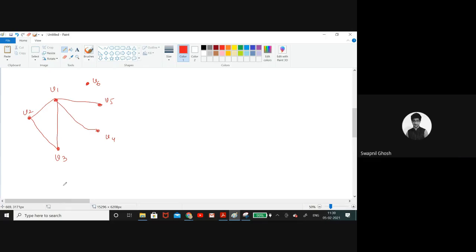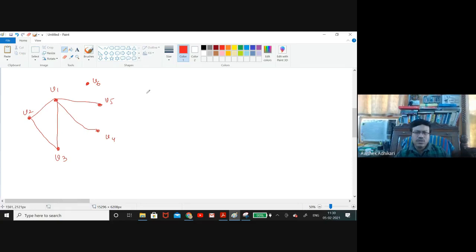Sir, the definition can be given like this: for any two vertices Vi and Vj, if there exists a path from Vi to Vj, then the graph is connected. Very good. So as he mentioned, say the original graph is G = (V, E), where V is the collection of all vertices and E is the collection of all edges. Take any two arbitrary vertices, say Vi and Vj.